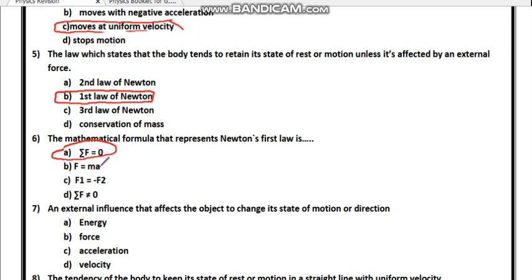And the last question we will talk about today: an external influence that affects an object to change its state of motion or direction is called... From the meaning we talked about, to change the position or state of any body, we need an external force. Very good. It's force.